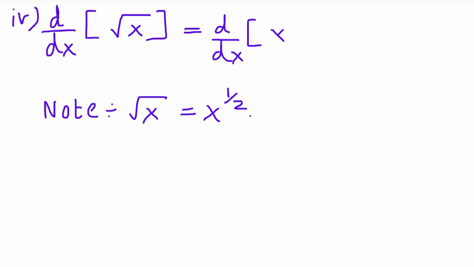So I will write down the derivative directly, which is 1 half times x to the power 1 half minus 1. Again, if you simplify 1 half minus 1, we get negative 1 half. So the final answer is 1 half times x to the power negative 1 half. This is the final answer.